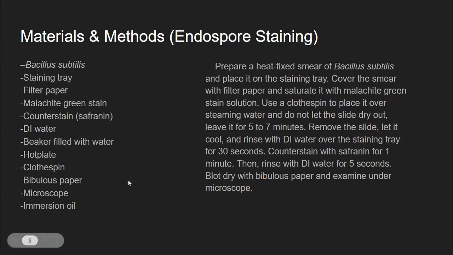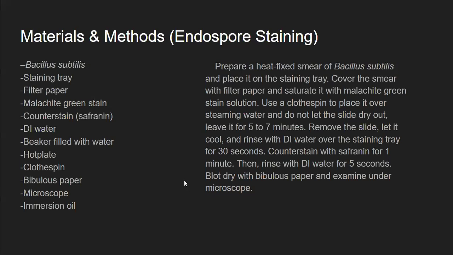These are the materials. Prepare a heat fix smear of Bacillus subtilis and place it on the staining tray. Cover the smear with filter paper and saturate it with malachite green stain solution. Use a clothespin to place it over steaming water and do not let the slide dry out.